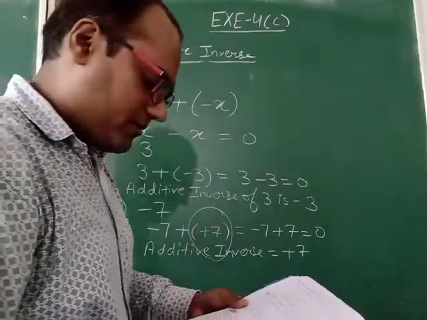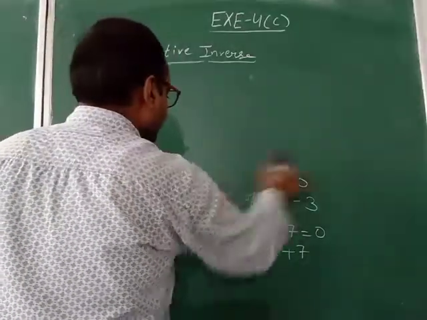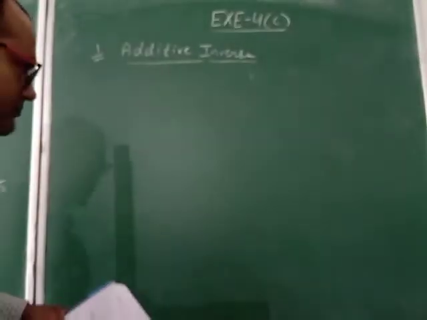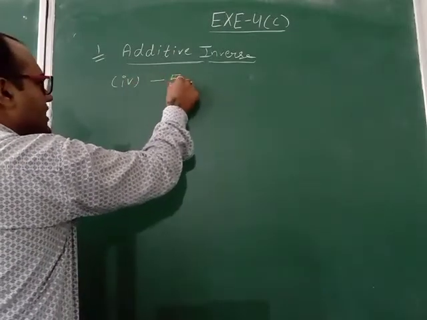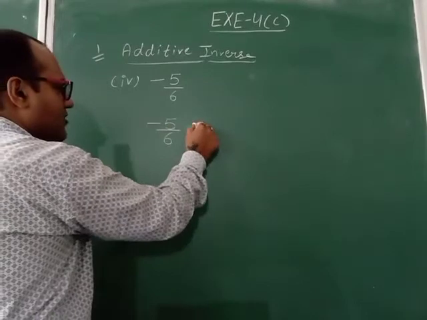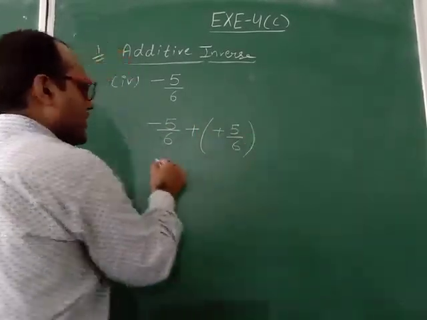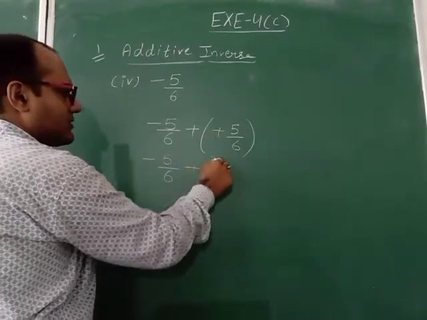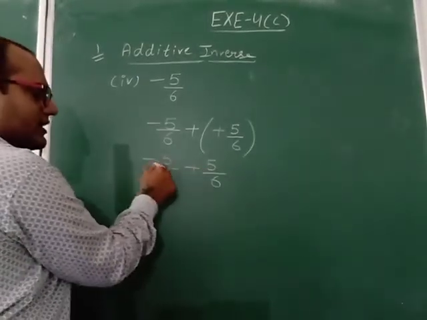Now see another part, number 4. In the question it is given minus 5 upon 6. So in this minus 5 upon 6, if we add plus 5 upon 6, then on solving these two numbers, this is plus 5 upon 6, this is minus 5 upon 6.